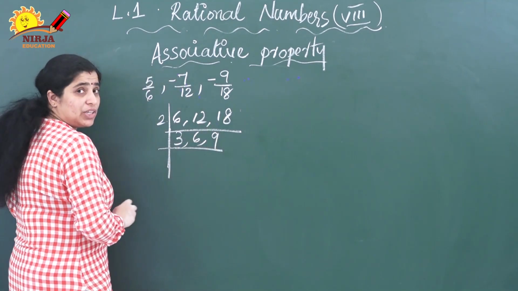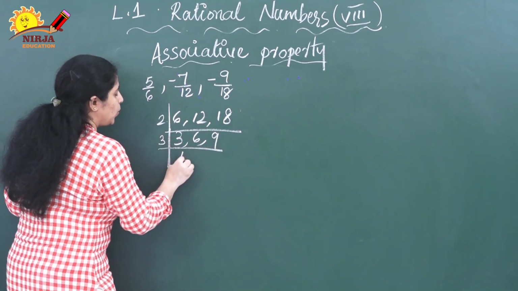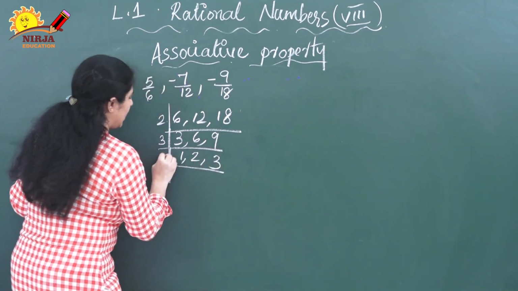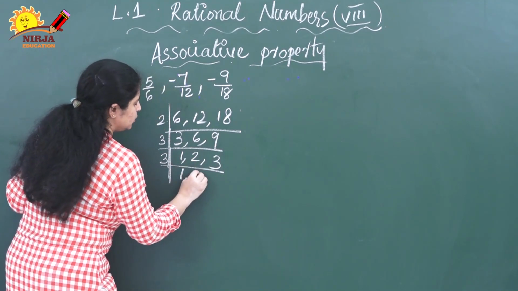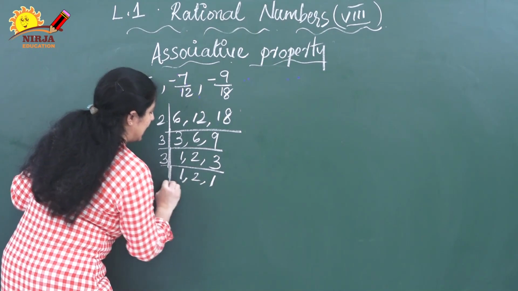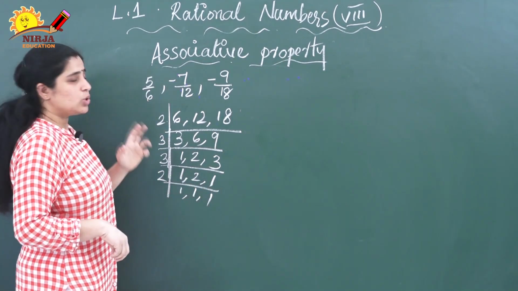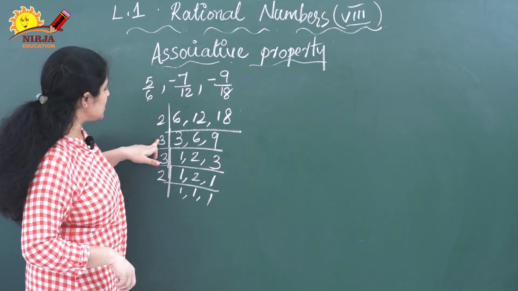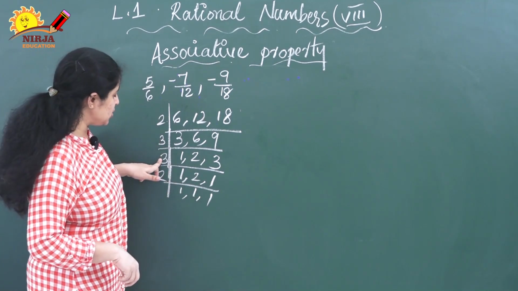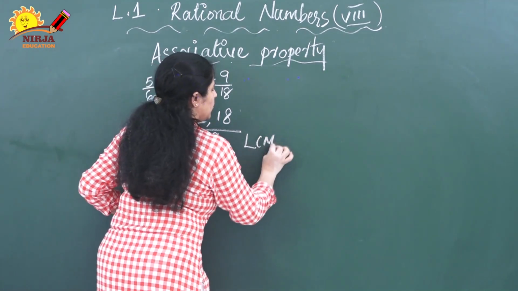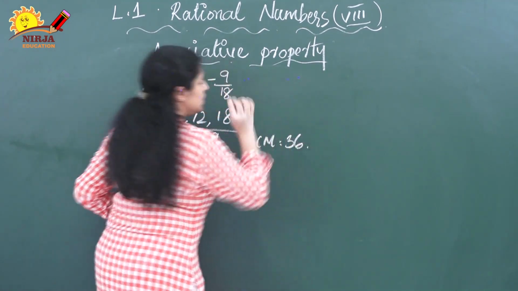Now I am going to divide by 3: 1, 2, 3. Again by 3: 1, 2, 1. Again by 2: 1, 1, 1. So what will be the LCM? 2 3s are 6, 6 3s are 18, 18 2s are 36. So the LCM will be 36.